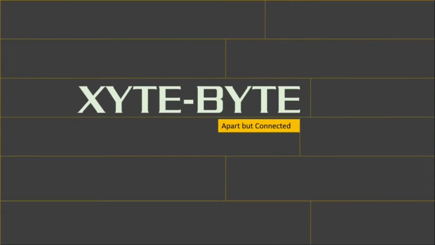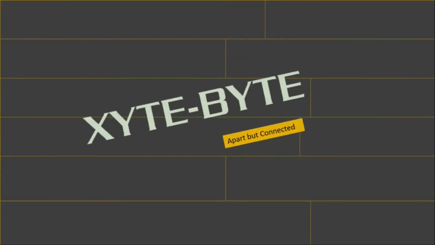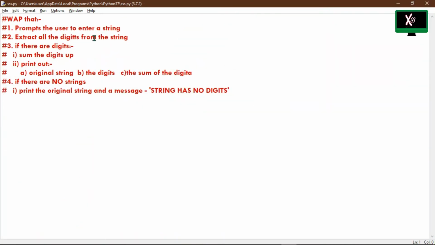All right, so the question over here: write a program that, number one, prompts the user to enter a string. Number two, it extracts all the digits from the string. Then, if there are digits, it has to sum up the digits, and print out the original string, the digits, and the sum of the digits.